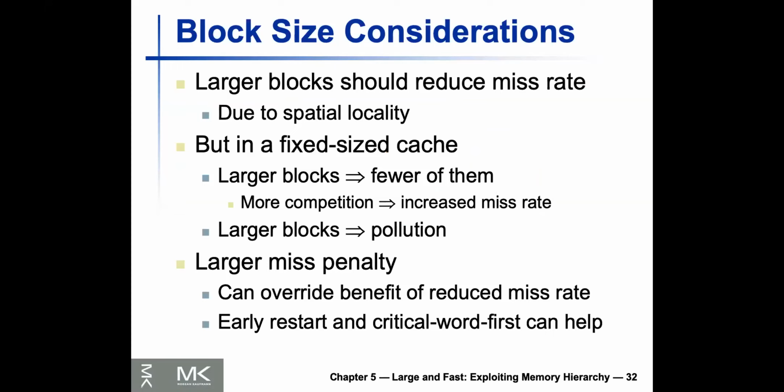By expanding from the 8 blocks of the first example to these 64 blocks, we might be able to reduce miss rates, right? By reducing miss rates with larger block size. So the larger the block gets, you might have a reduced miss rate, okay? Because we are addressing spatial locality.